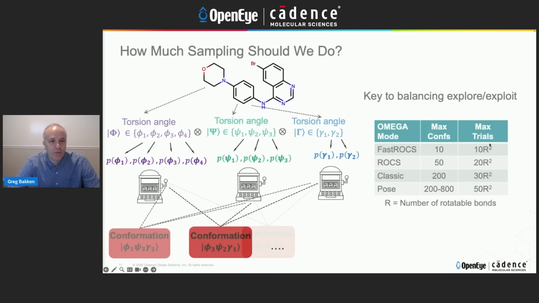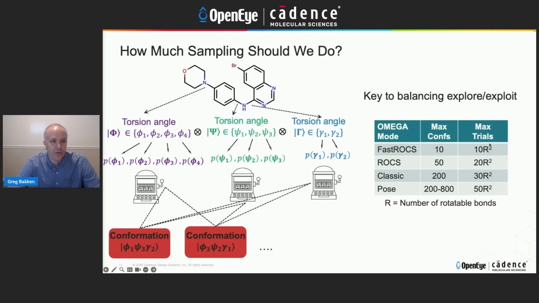One of the key questions when we do this is how much sampling should we do? So the key is to balance whether we are exploring new conformational space with whether we've seen torsional angles that are giving us conformations of interest and we want to continue to exploit that information.